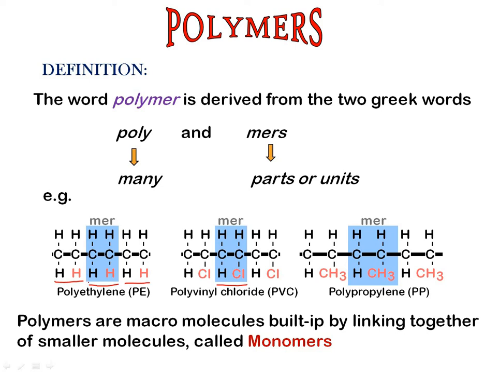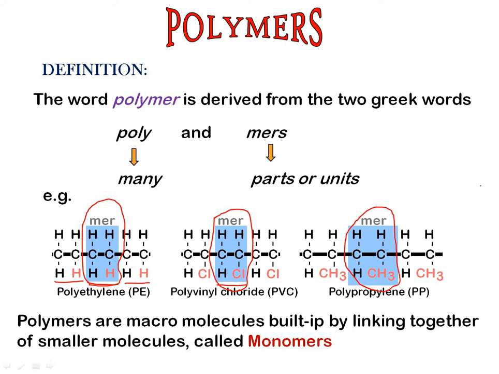So here in this polymer the repeating unit of the monomer is called a mer. You can see here this is ethylene mer, and in polyvinyl chloride we can see vinyl chloride mer, and also in polypropylene we can see 2-methyl ethane.